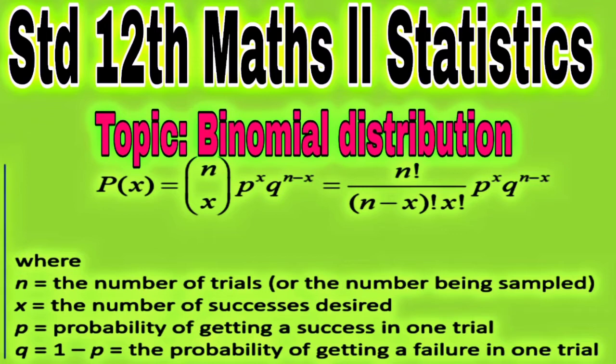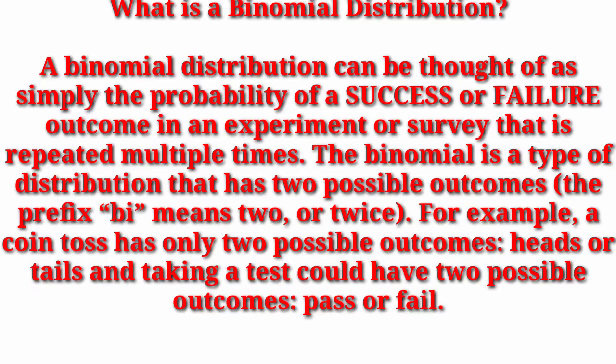Right students, so let's start the basic concepts about binomial distribution. What is binomial distribution, students? A binomial distribution can be thought of as a simple probability of a success or a failure outcome in an experiment or a survey that is repeated multiple times.